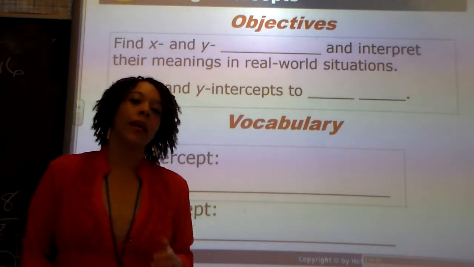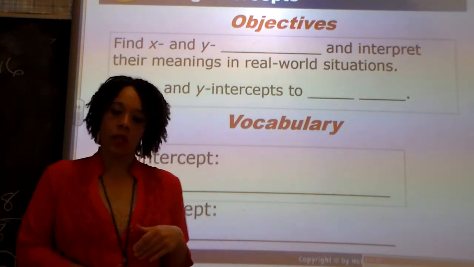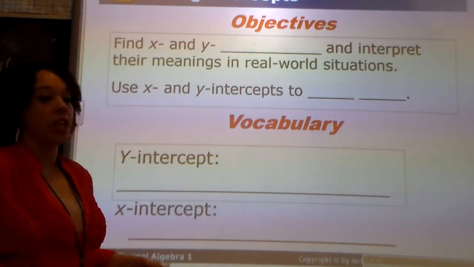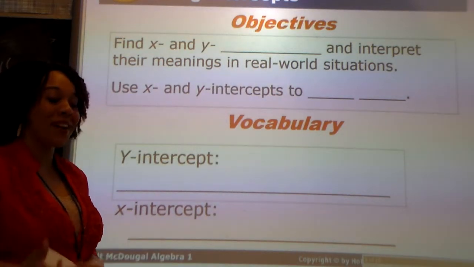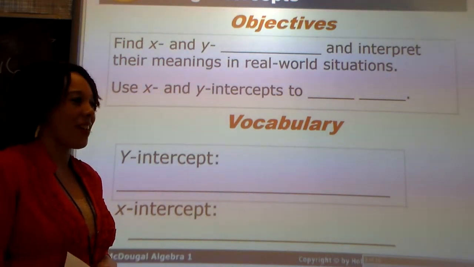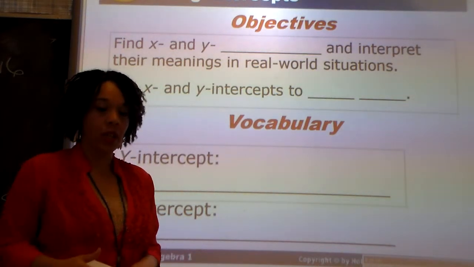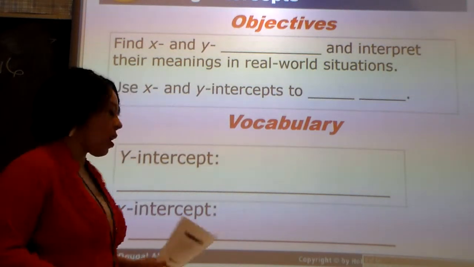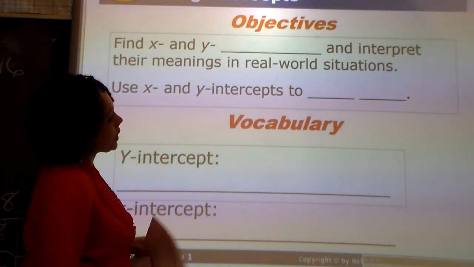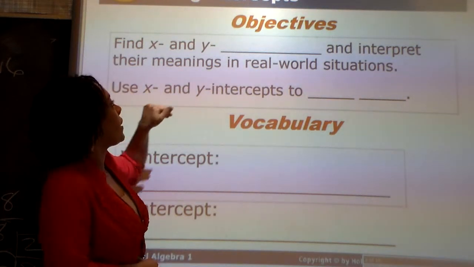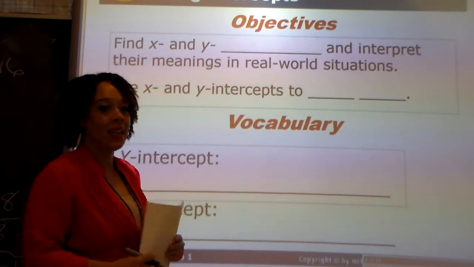Okay, in this second part of the lesson on linear functions, we have to go through the objectives for today. And today, we're going to be looking at finding the x and y intercepts.